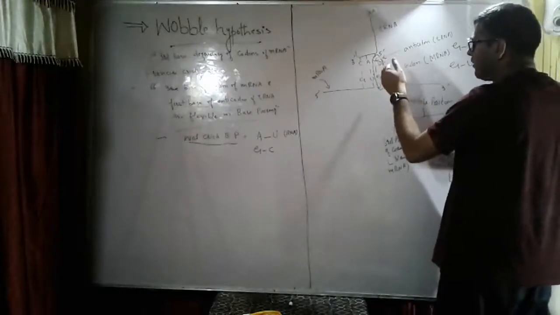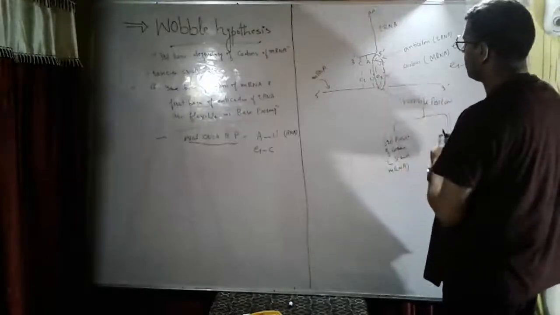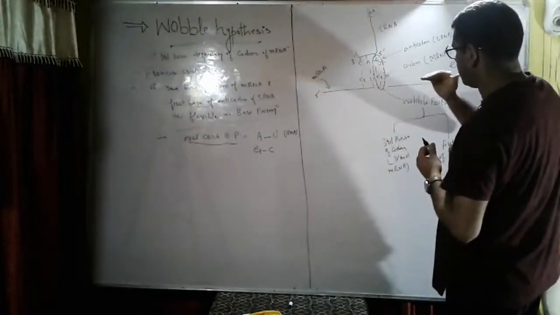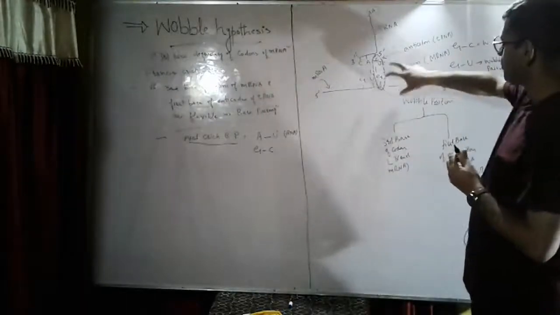That means they are flexible, or not specific, in their base pairing. This is what is called the wobble hypothesis.